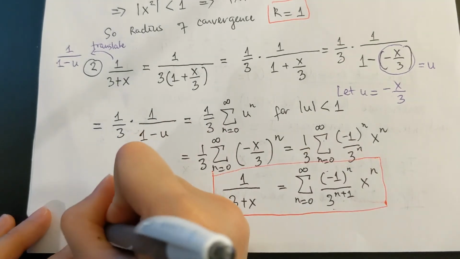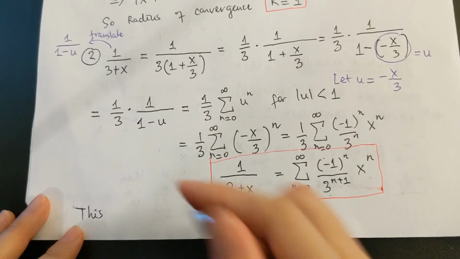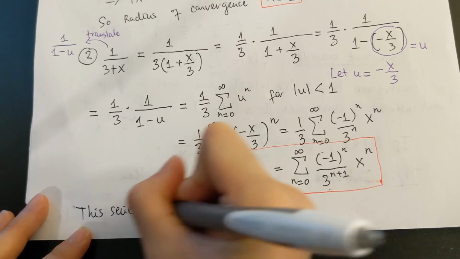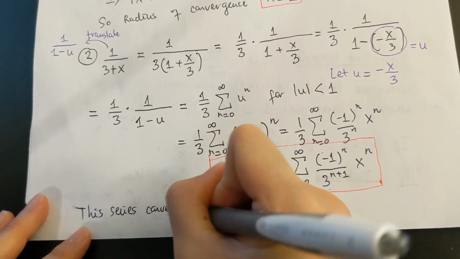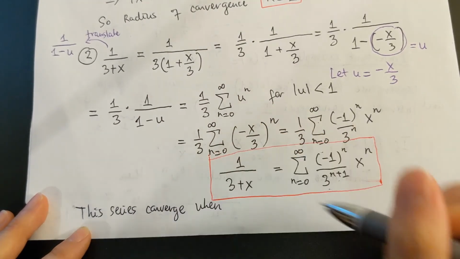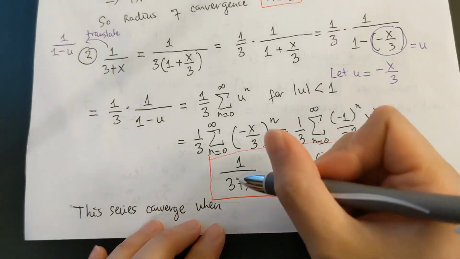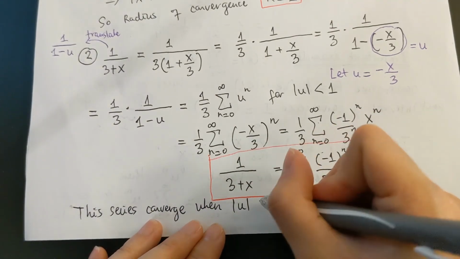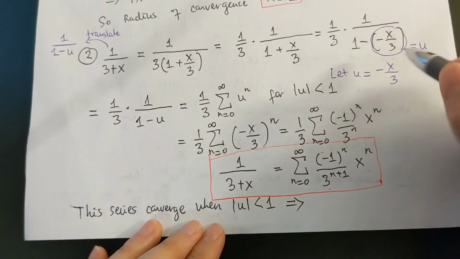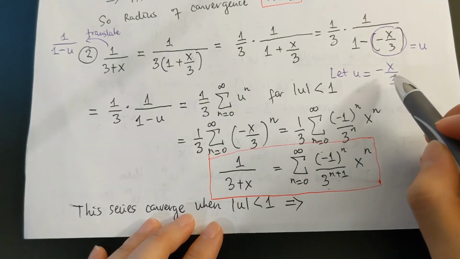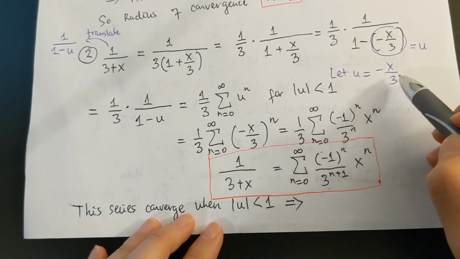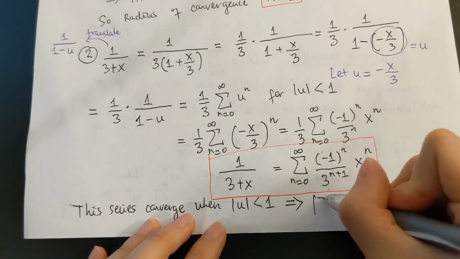So let's look at this. This series converges when the magnitude of u is less than 1. And what is u? Well, u is minus x over 3.